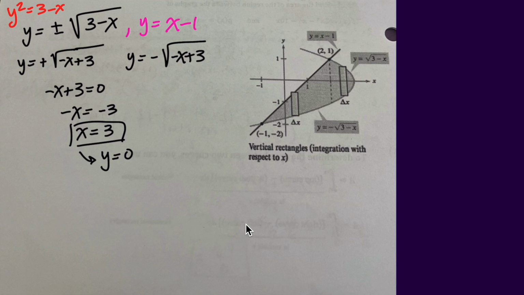As we get set to integrate with vertical rectangles, we're going to be using dx throughout. Notice, folks, that this is a crucial point here, where x equals 2. Now you have the y equals square root of 3 minus x function and the negative version of that.